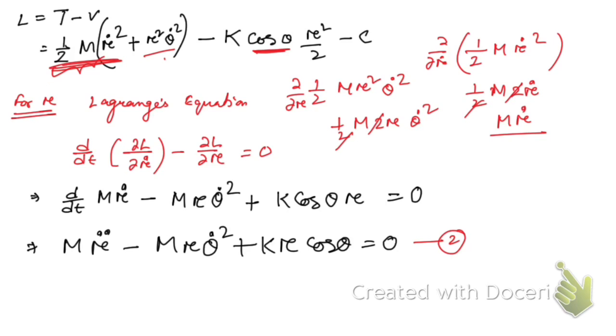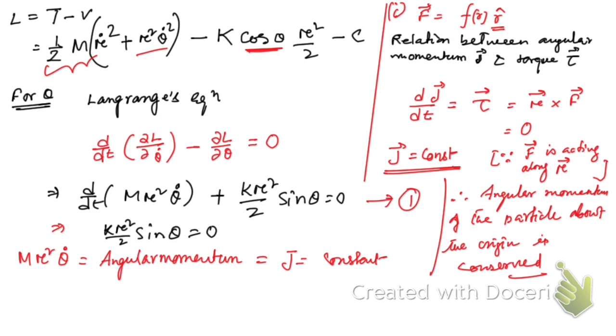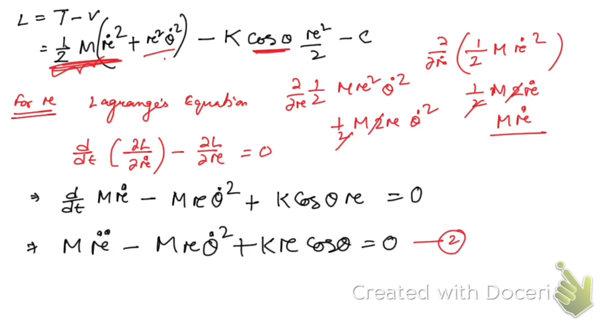Suppose this is equation number 2. Now let me go to the previous slide, and from this equation we're gonna get theta dot is equal to j by m r square, right? We're gonna use this relation. So first let me obtain this r dot.